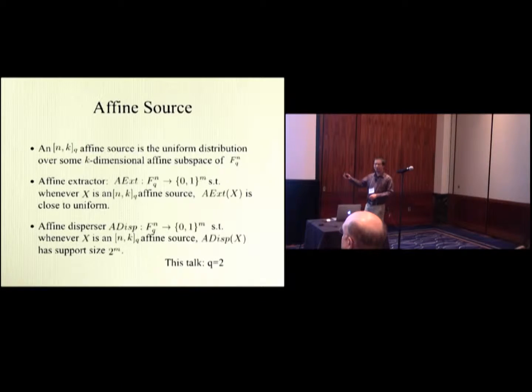And in this talk, we're going to focus on the case where the field is F2, and in some sense, it's going to be the hardest case, because previous work has shown that when the field is large, we could use something like Weil's theorem, the estimation of character sums, which can actually allow us to build affine extractors for very small dimensions. But the case where the field size is small is generally hard.